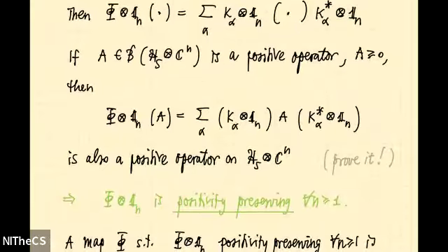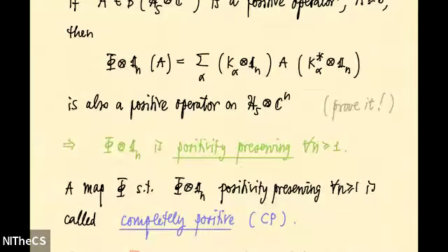My point here is that this map phi augmented to a bigger Hilbert space, where you append this n-dimensional complex space, so phi tensor 1, is positivity preserving. If you feed it a positive operator, you get out again a positive operator. And this happens, as you can see in here, no matter what the dimension n is.